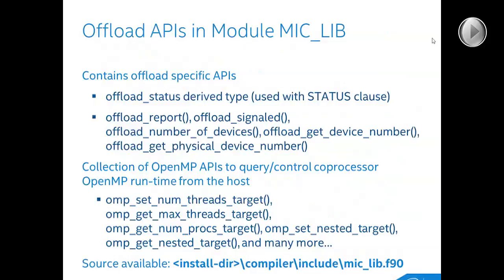The last section was just about some environment variable controls that exist specific to the offload application or the offload programming models, as well as a couple of reports that are available. There's a set of environment variables that you can set to control the use of the coprocessor from an environment variable perspective. So you don't have to make modifications to your application.